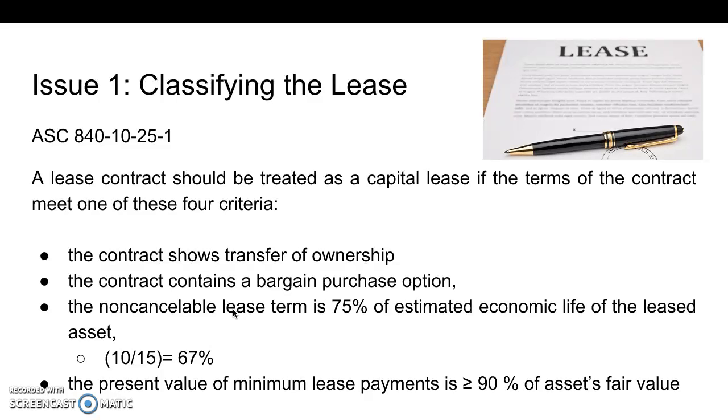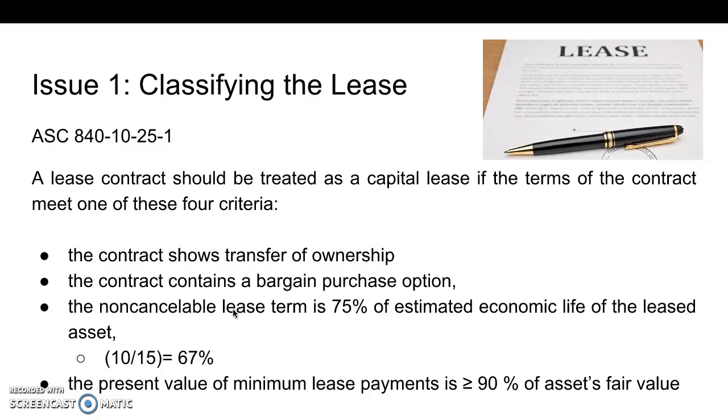A bargain purchase option allows the lessee to purchase the leased asset at the end of the lease term at a very low price, under the fair market value. This is not mentioned in our lease contract, thus it also does not apply to our case.